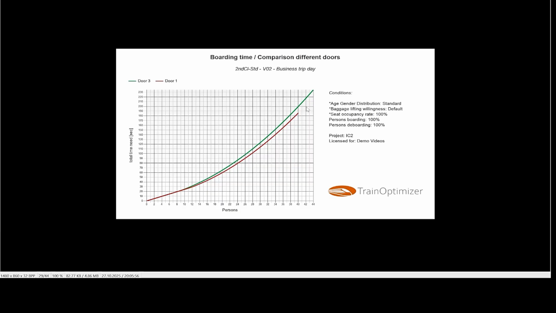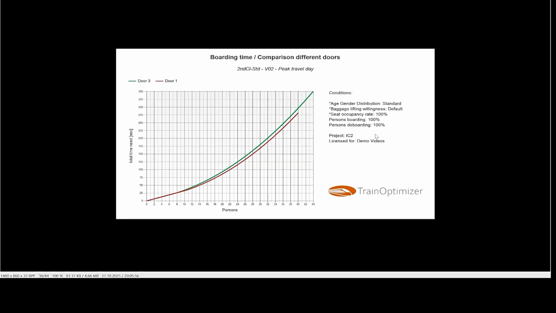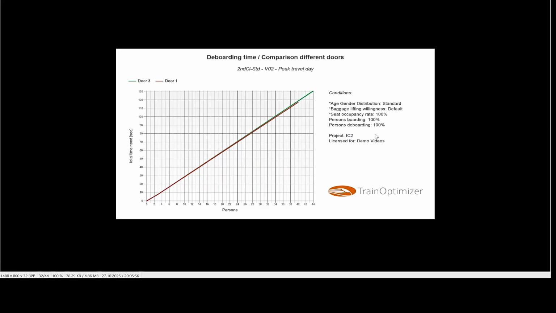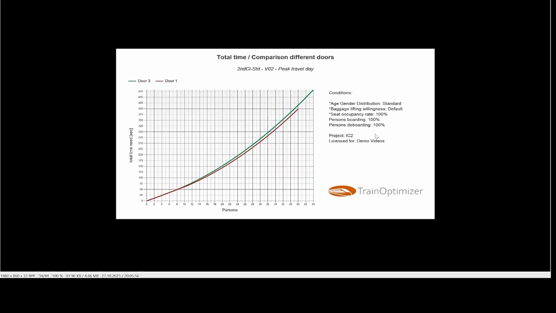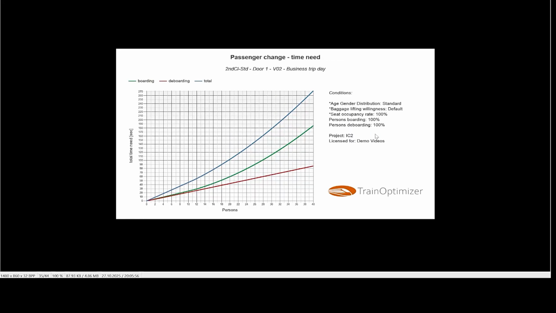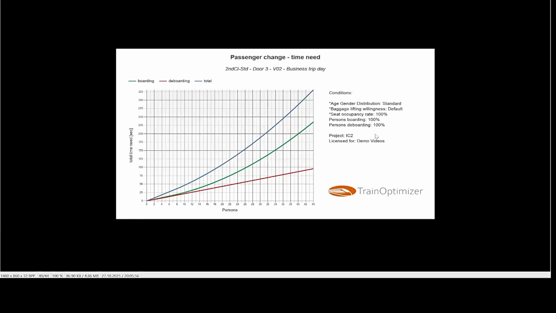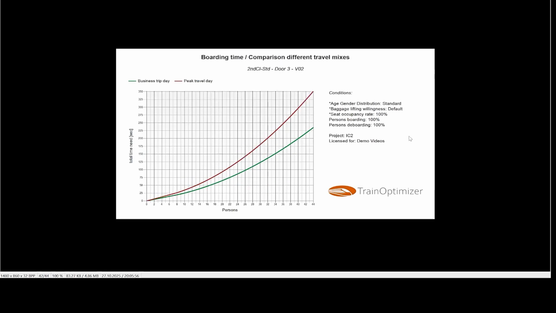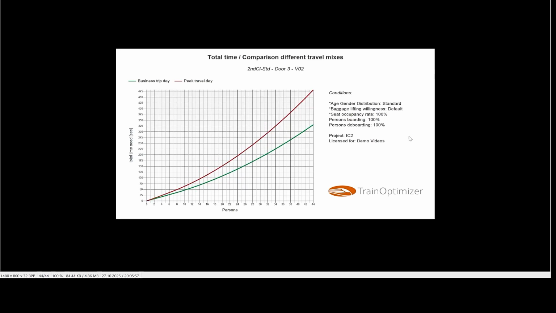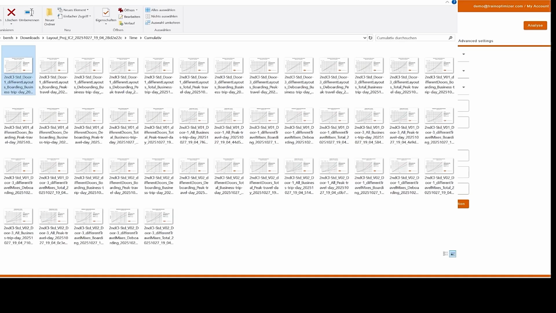The longer aisle area also has a slightly positive effect on passenger changeover time, which can be seen here. This means that a wide variety of evaluation options are available to you.